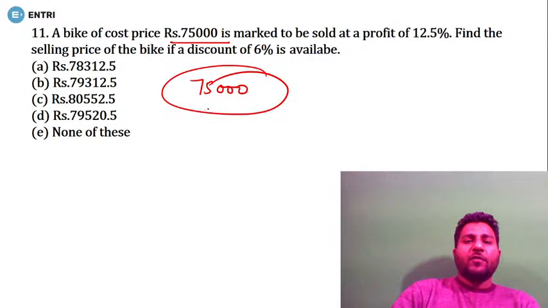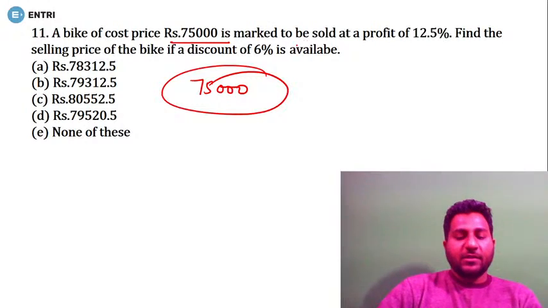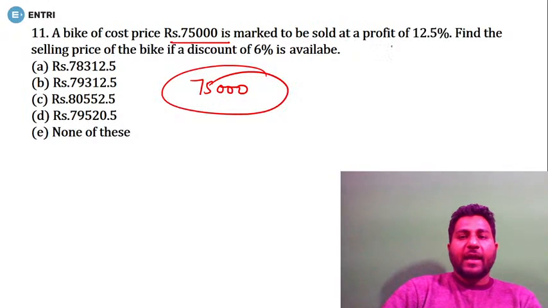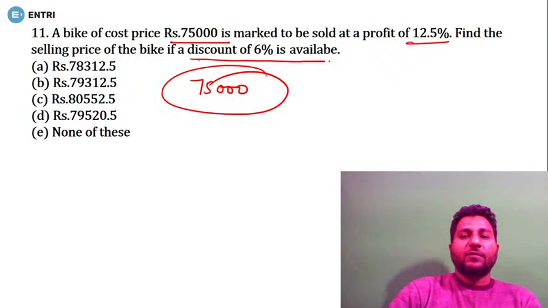Look, a bike of cost price 75,000 is marked to be sold at a profit of 12.5%. Find the selling price of the bike if a discount of 6% is available.